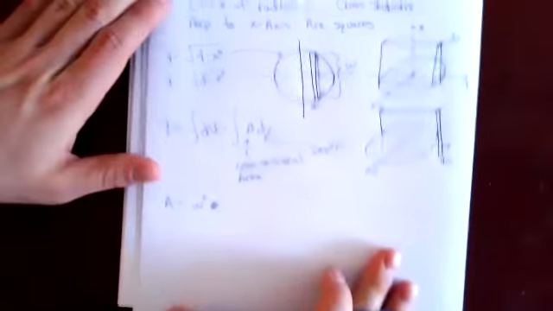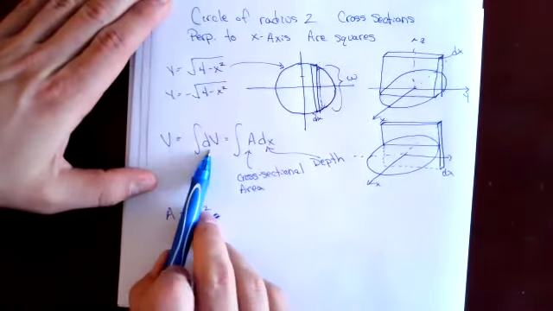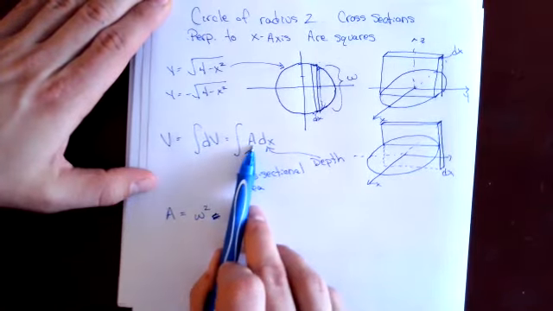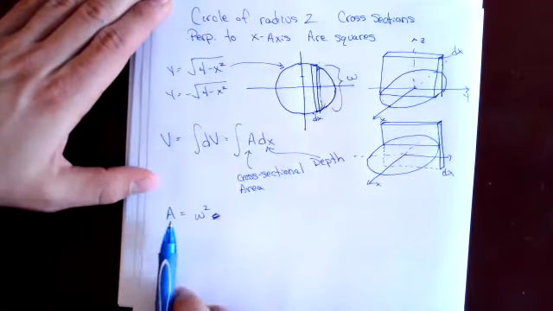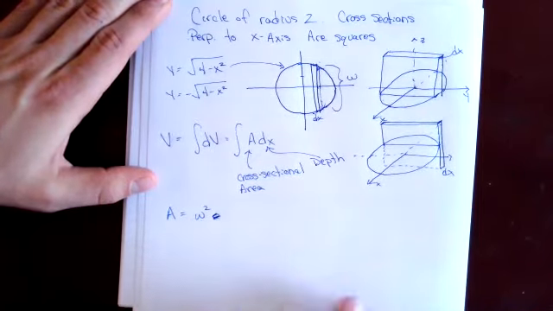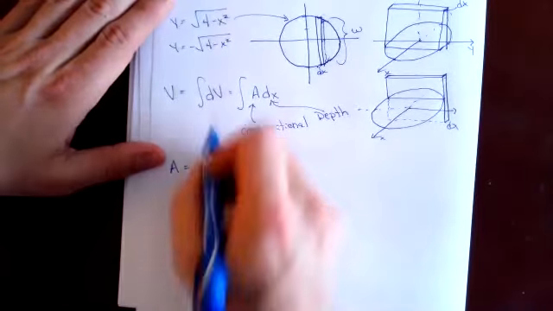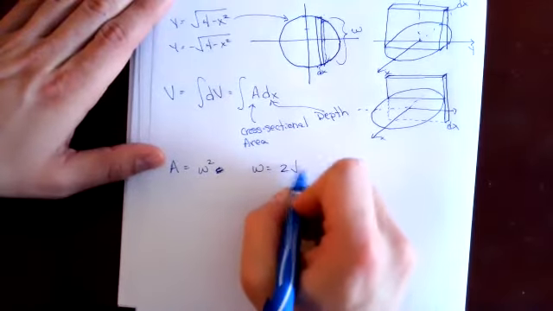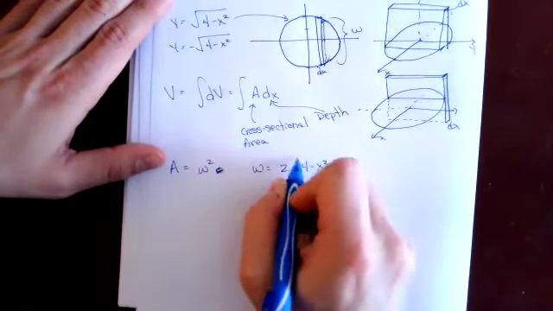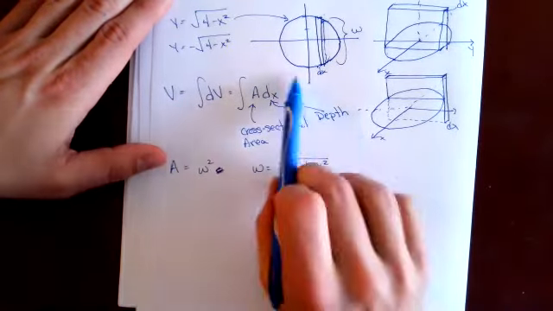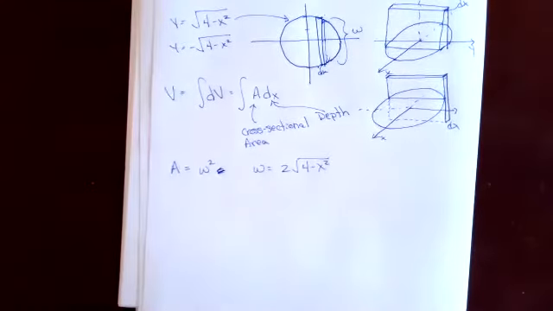Again, just to pick out all these pieces, volume was the integral of dV. I know what my dV is, by the way, since we sliced it up: it's just the cross-sectional area times dx. Okay, what is my area? Areas are squares, and squares have an area of width squared. We figured out that the width is 2 times the square root of 4 minus x squared, based on our functions and the shape of the region that we're creating these cross sections over.